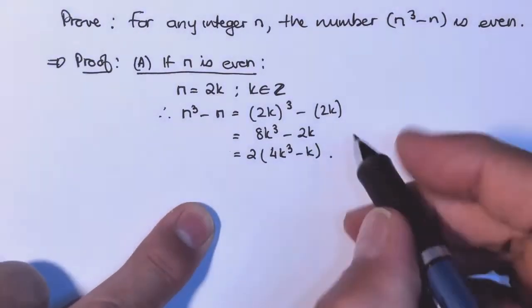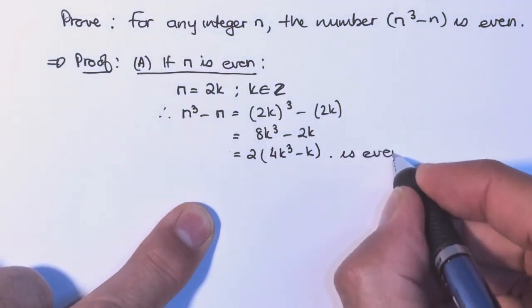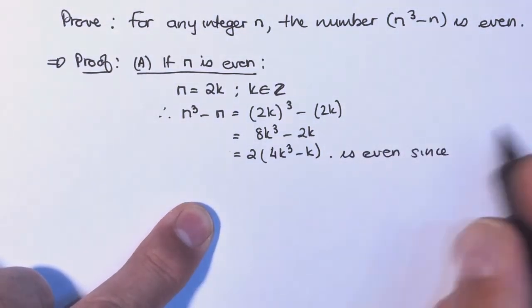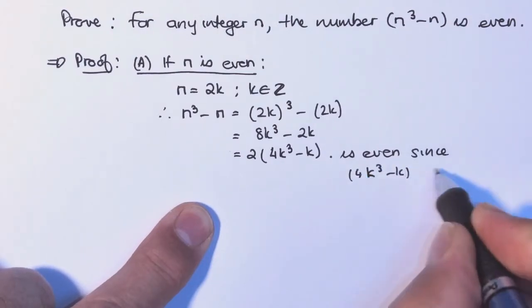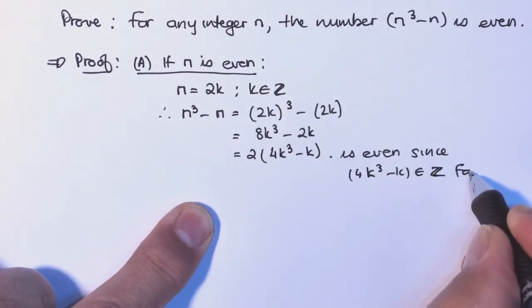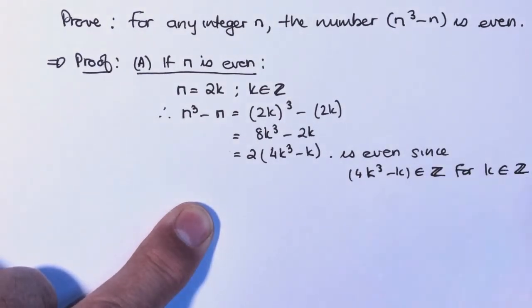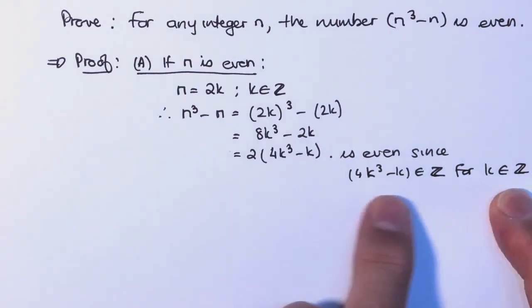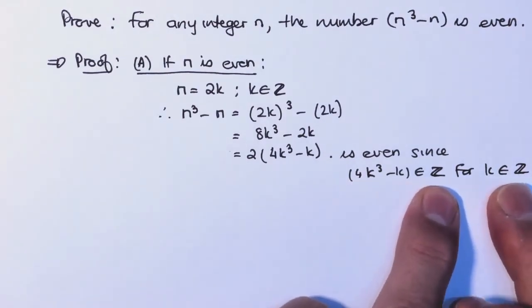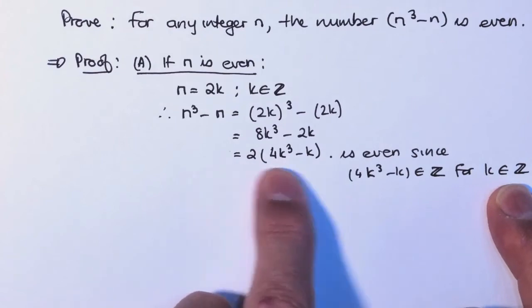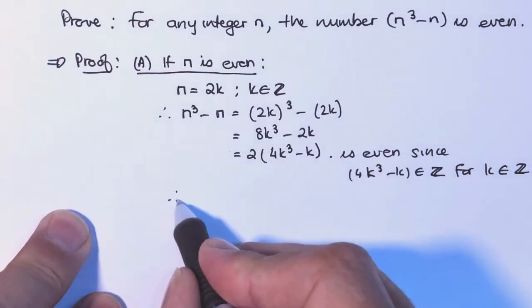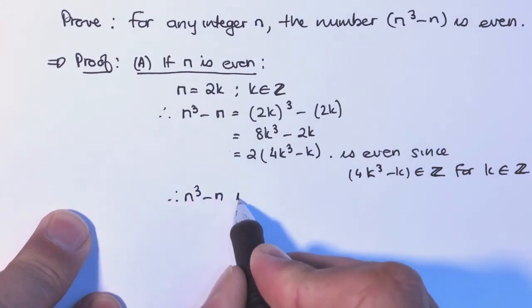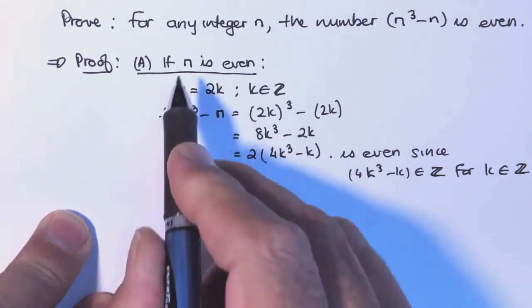This is even. Why? Since 4k cubed minus k is an integer when k is an integer, this makes it a multiple of 2, which makes it even. So therefore, n cubed minus n is even if n is even.